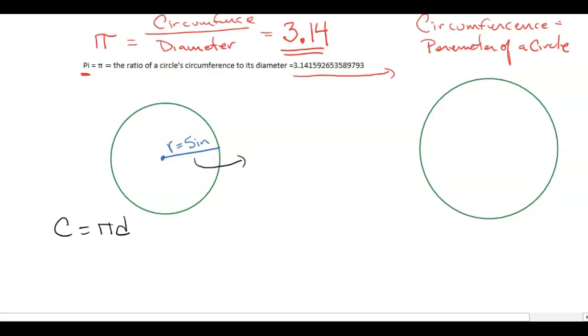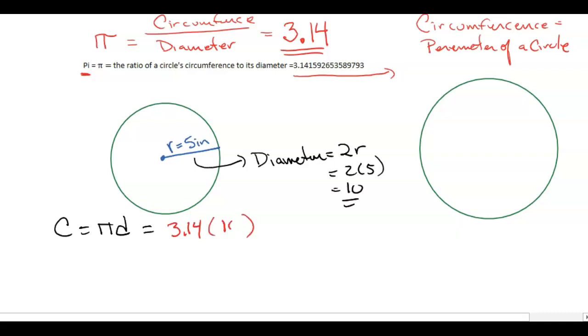I know the radius, halfway across, so my diameter would have to be equal to 2 times the radius, twice that much. So 2 times 5, or 10. If they only gave me the radius, I'd have to double it so I'd know what the diameter is to use in my formula. Now I'm going to plug into my formula pi, which I told you we'd use 3.14, times in this case the diameter, which was 10. I can use a calculator and multiply those, and I'll get 31.4 inches.